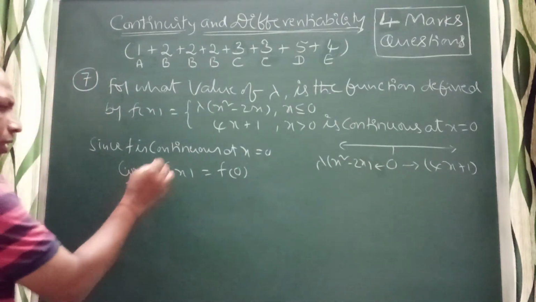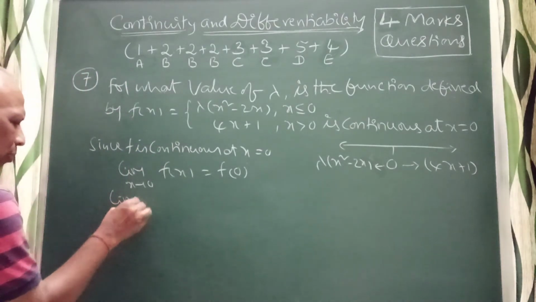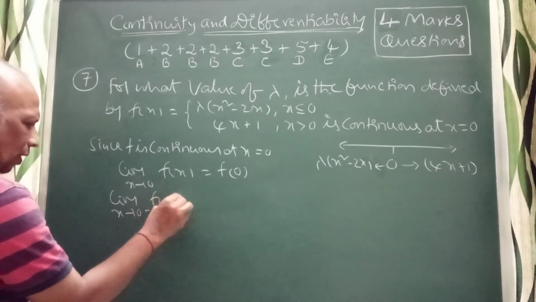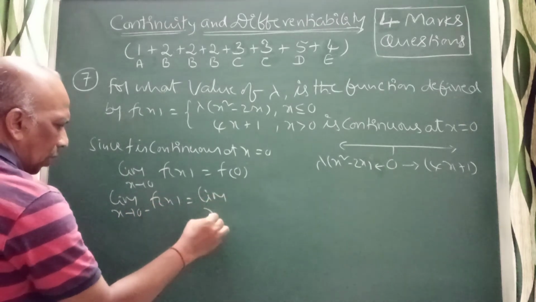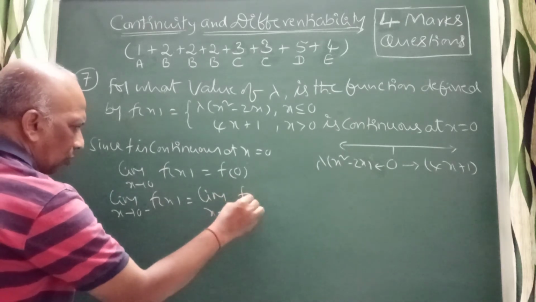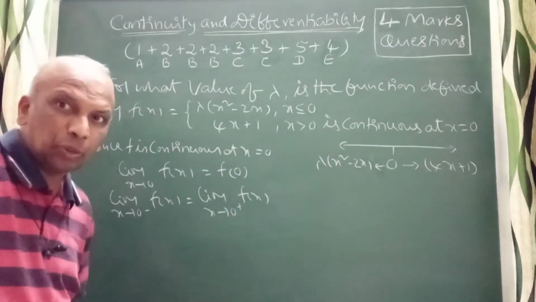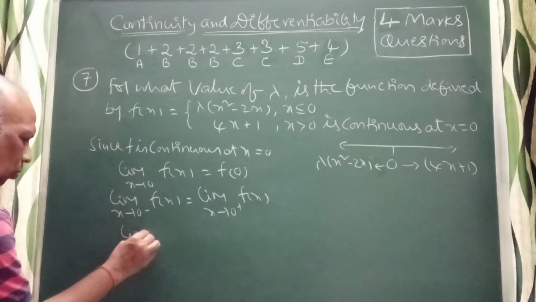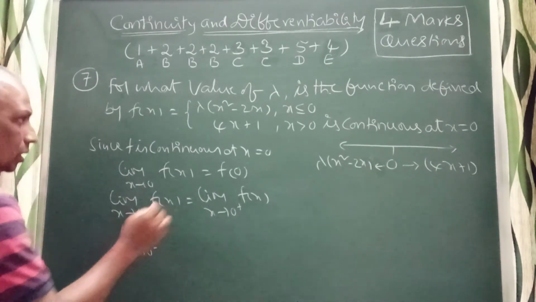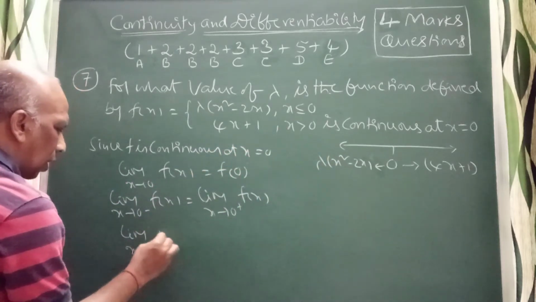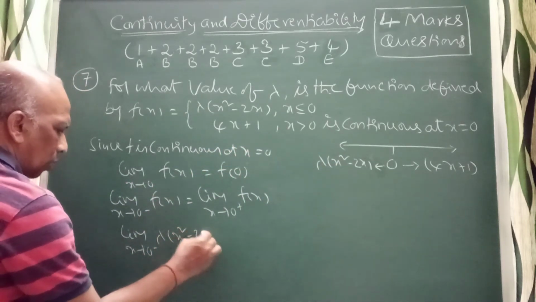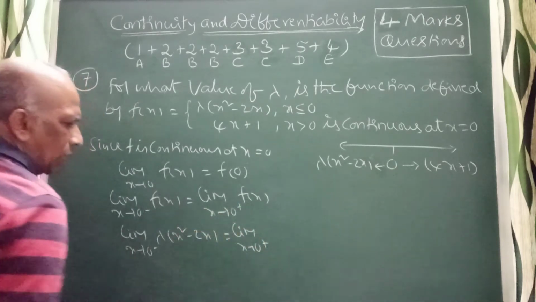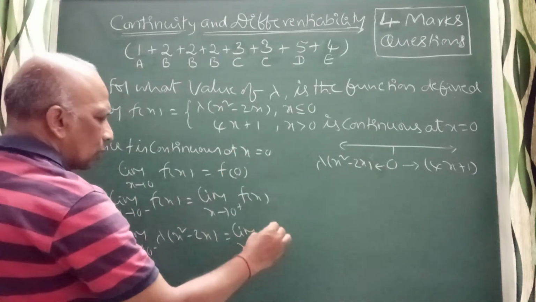Now we can write, since the limit exists, left limit equal to right limit: limit x tends to 0 minus f of x equals limit x tends to 0 plus f of x, which is equal to f of 0. I can write limit x tends to 0 minus of lambda into x square minus 2x equal to limit x tends to 0 plus of 4x plus 1, right?